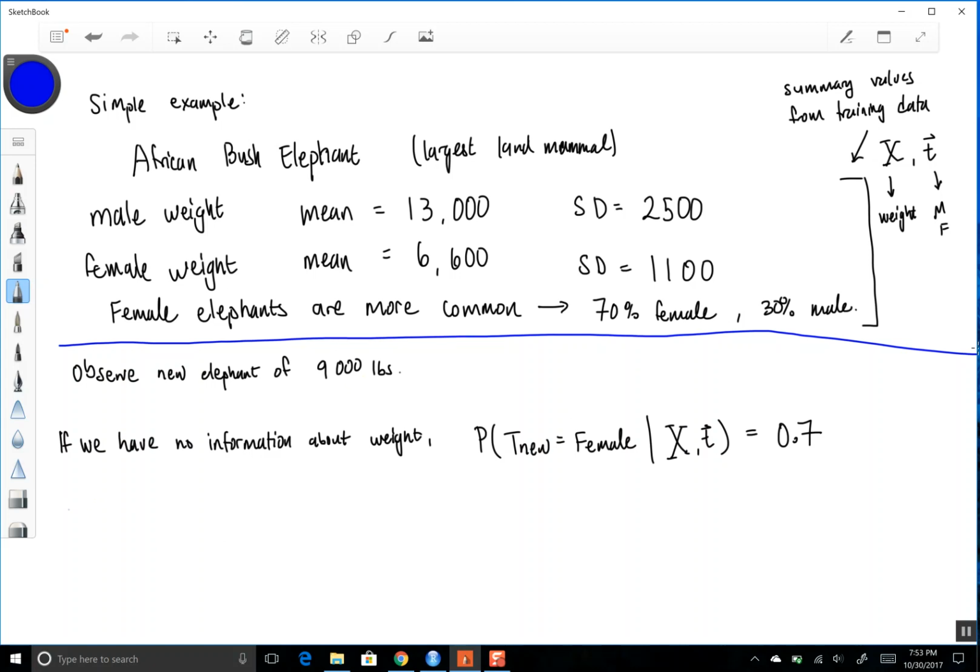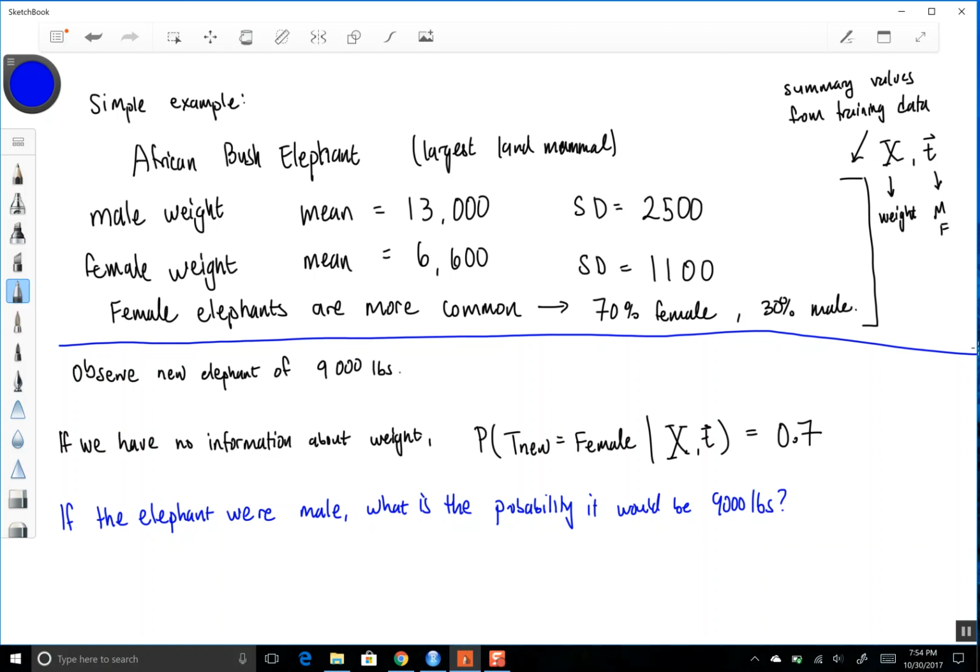So we will say, okay, if the elephant were male, what is the probability it would be 9,000 pounds?